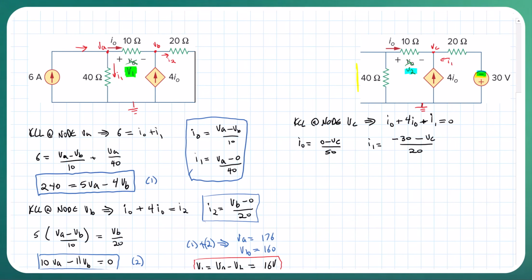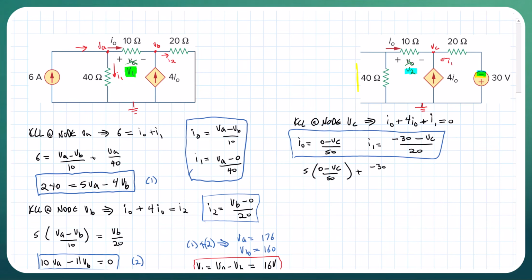Okay, so we're going to utilize these and plug them into the KCL equation. So if we do that, we have 5 times 0 minus VC over 50 plus minus 30 minus VC over 20, all equals 0.